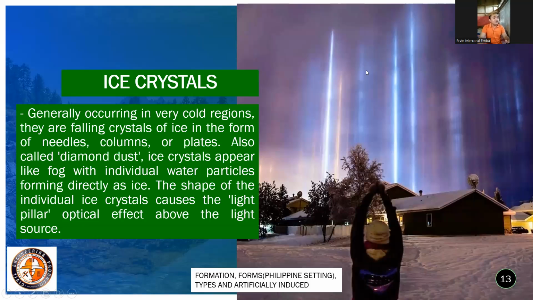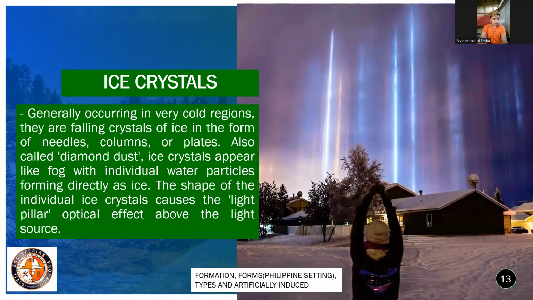Ice crystals, generally occurring in very cold regions. They are falling crystals of ice in the form of needles, columns, or plates. Also called diamond dust, ice crystals appear like fog with individual water particles forming directly as ice. The shape of the individual ice crystals causes the light pillar optical effect above the light source.